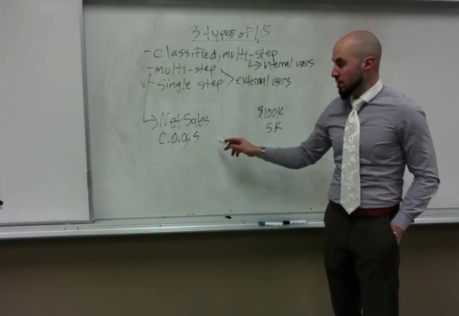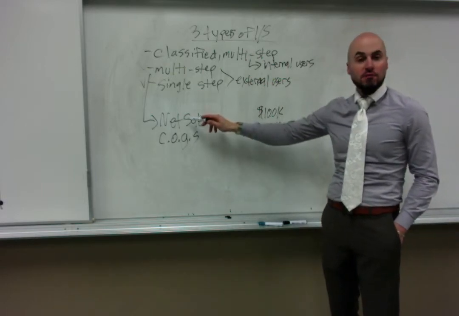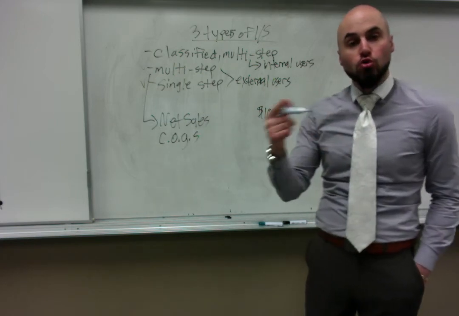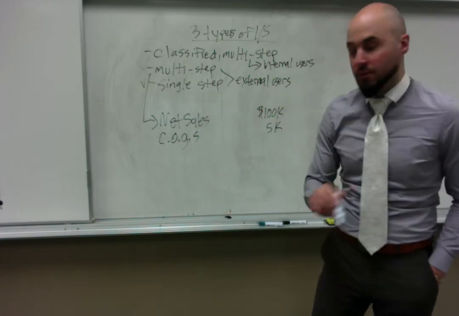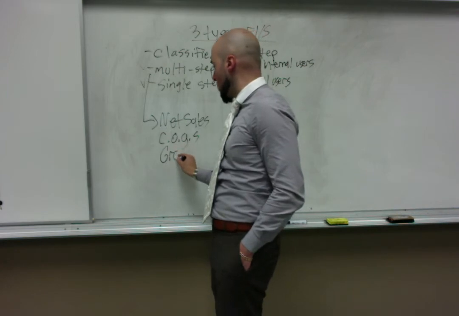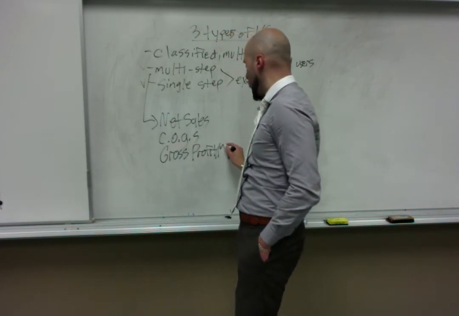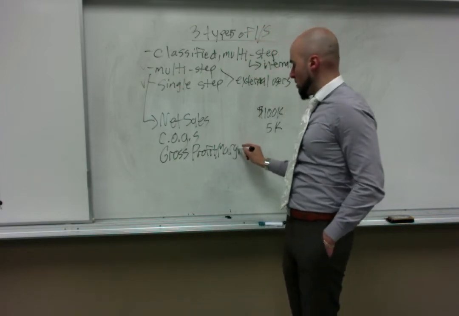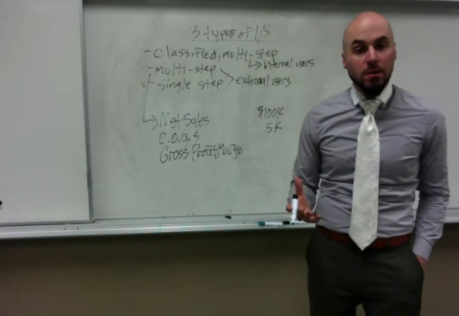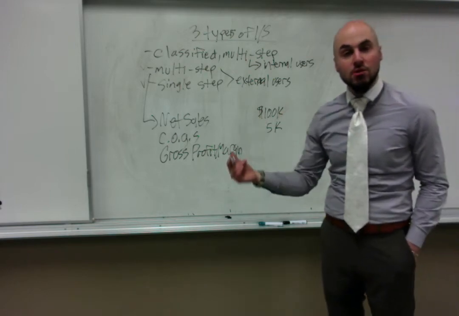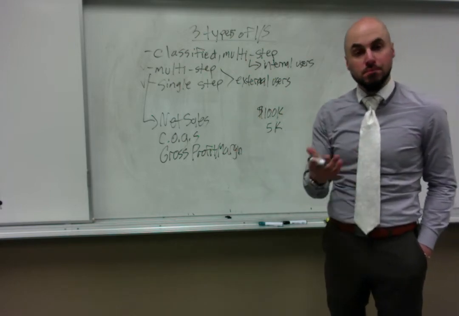Cost of goods sold directly gets subtracted from net sales to give us what's called gross profit. Gross profit, meaning we're still going to have to deduct something from it. Gross profit can also be called gross margin. That's just terminology. It means the same thing. It means the difference between net sales and cost of goods sold.